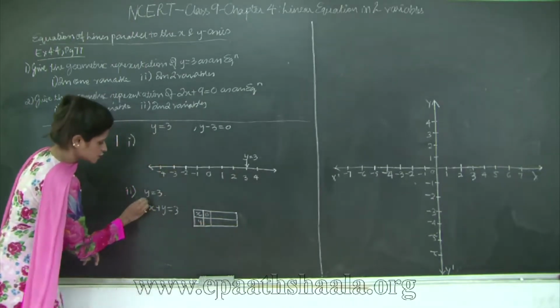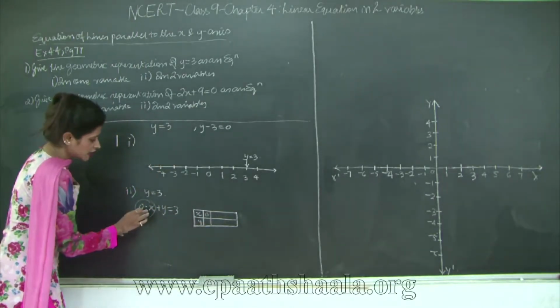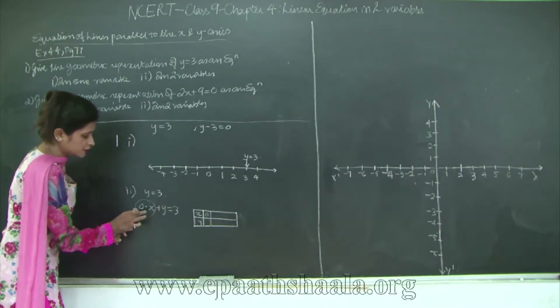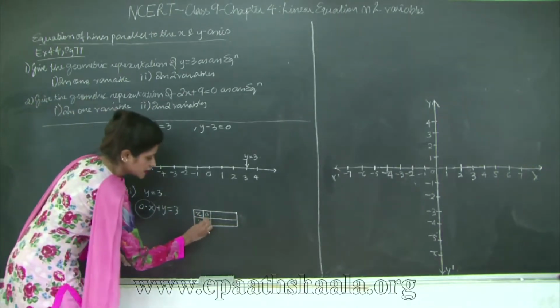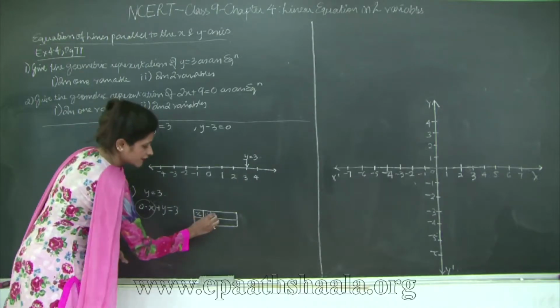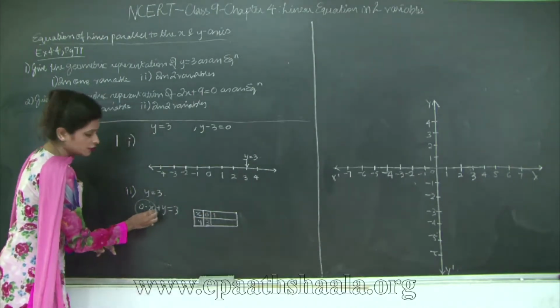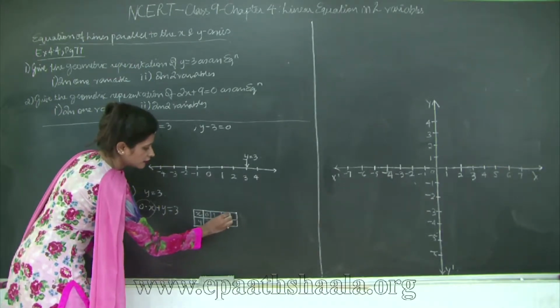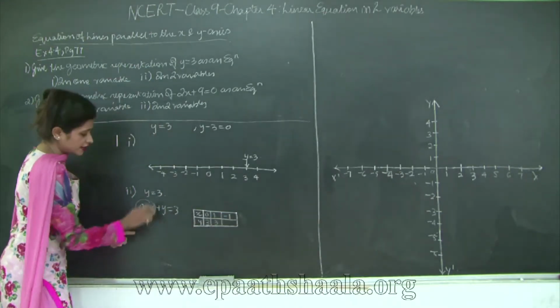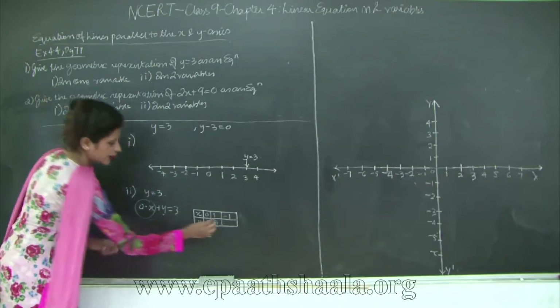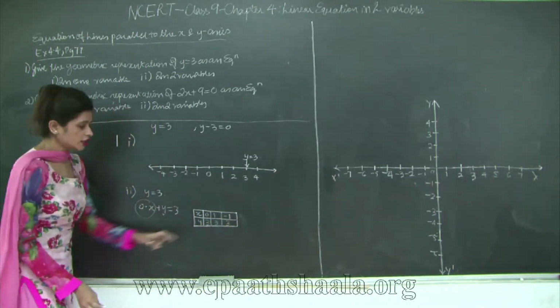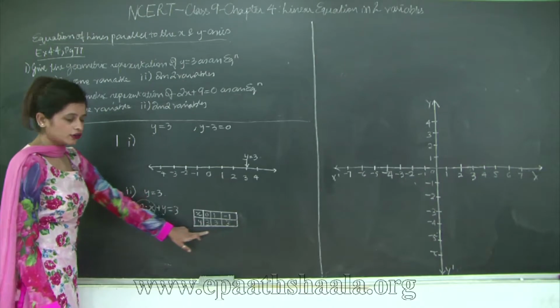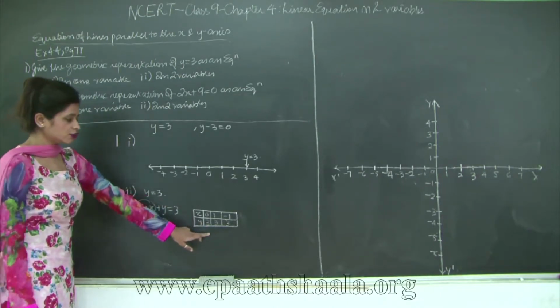In this equation, if x is 0, this entire term is 0, therefore y is going to be 3. Again, if x is 1, this term is 0, so y is 3. If I take minus 1, again this term is 0, therefore y is going to be 3.